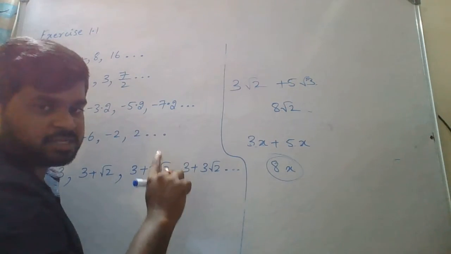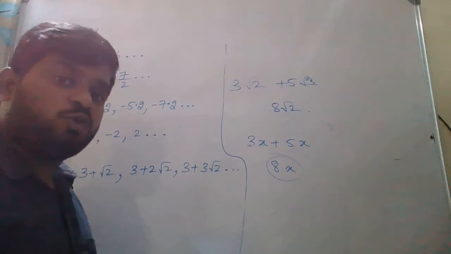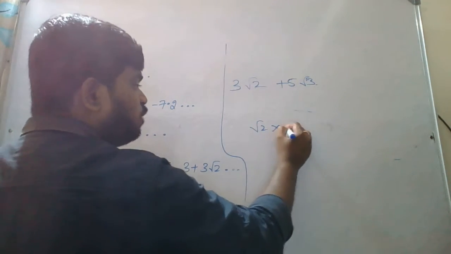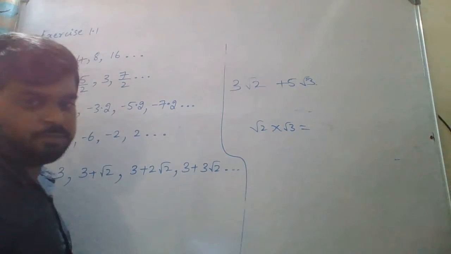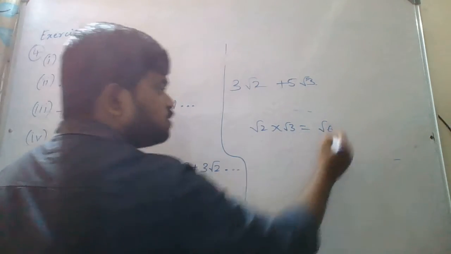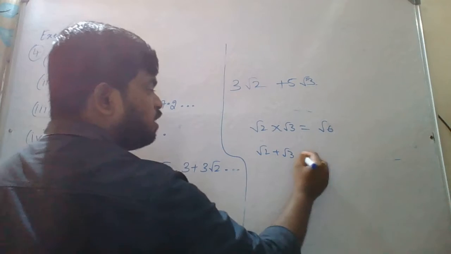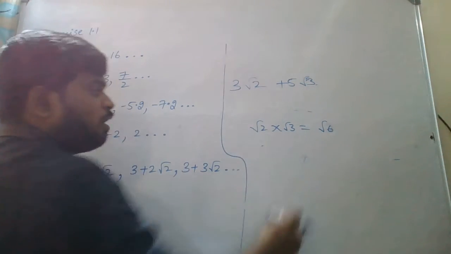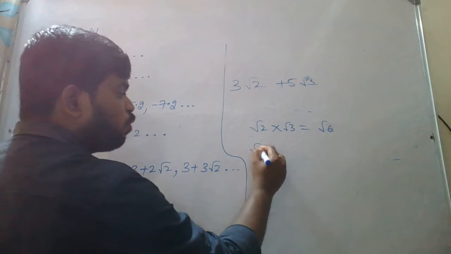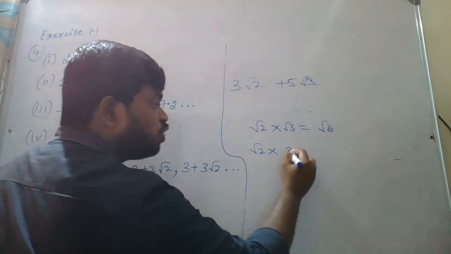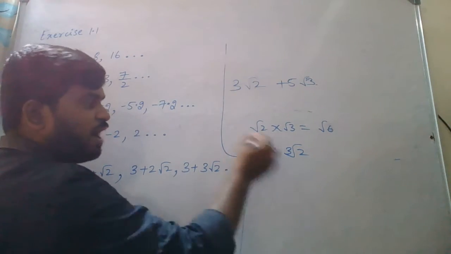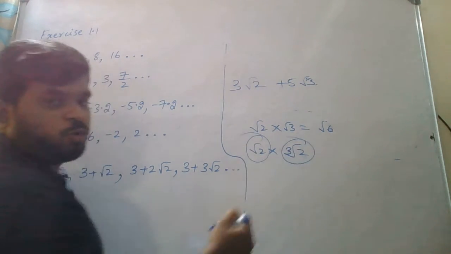Similarly for subtraction. But for multiplication, you can multiply. If you have got root 2 into root 3, yes, you can multiply. Root 2 into root 3 is root 6. But root 2 plus root 3, no, you can't add it. But one more thing, if you have got root 2 into cube root of 2, you can't multiply because this is square root of 2, this is cube root of 2.